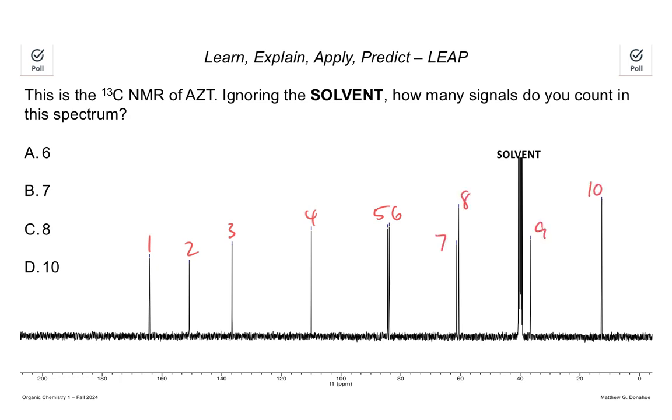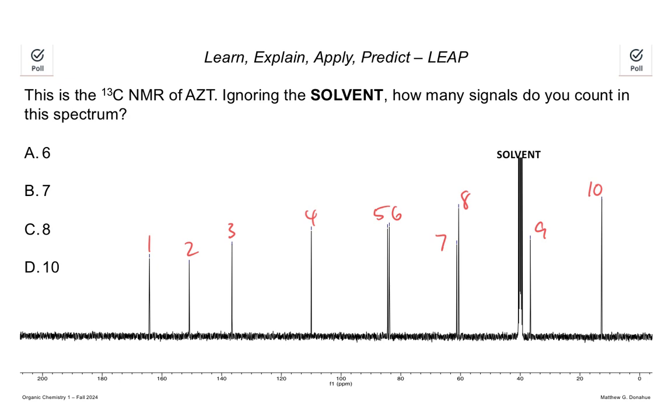How many carbons were in the molecular formula of AZT? 10. So the connection is that we can see, using this NMR experiment, those 10 carbons. That's how scientists figure it out.